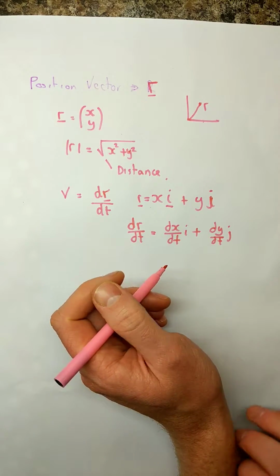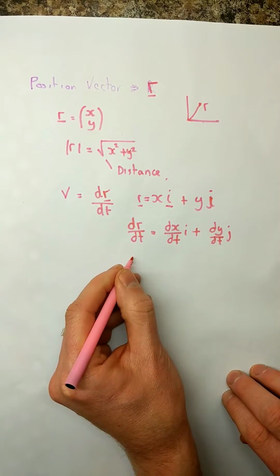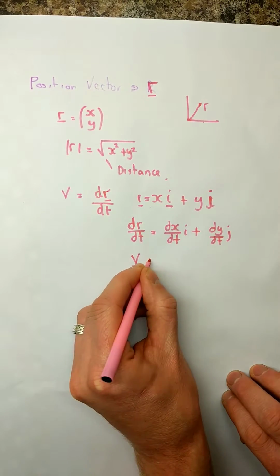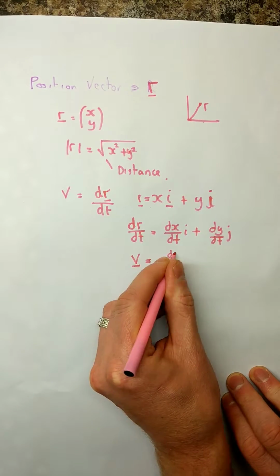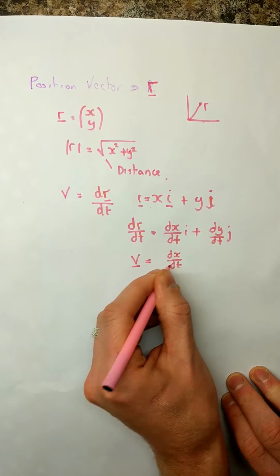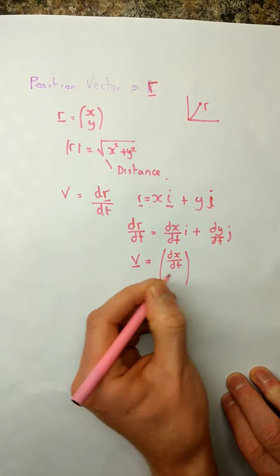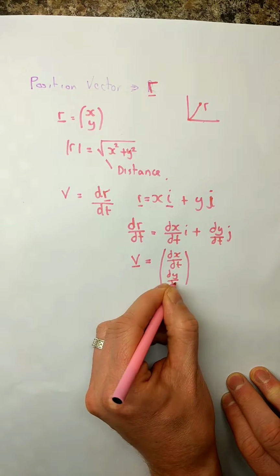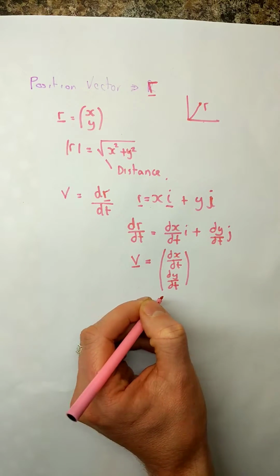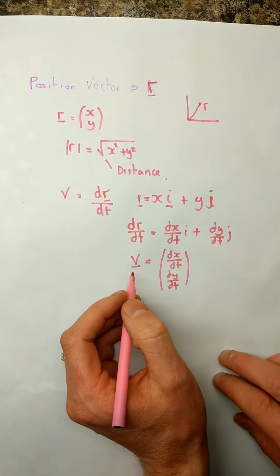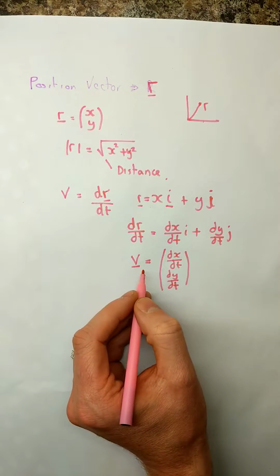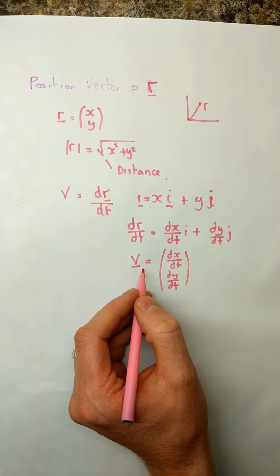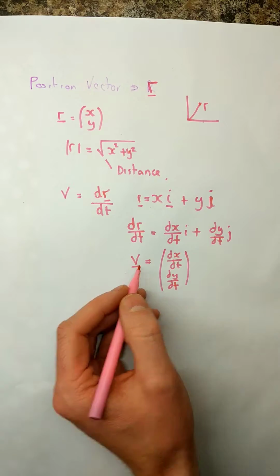This means that we could also write this as a column vector to say that the velocity is dx over dt, dy over dt. Now we also know that if we work out the scalar velocity, then we get the speed.